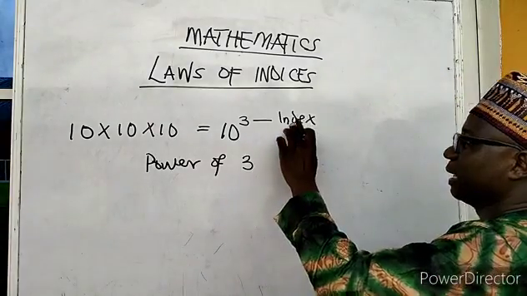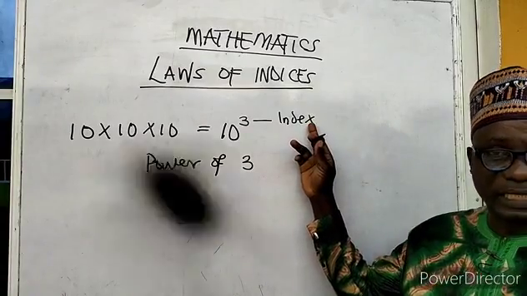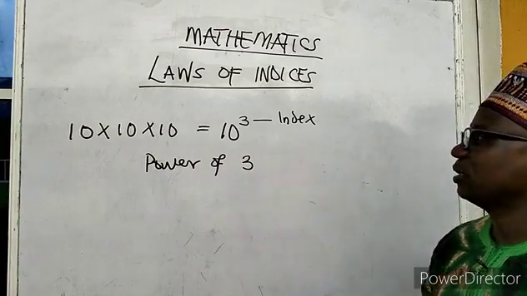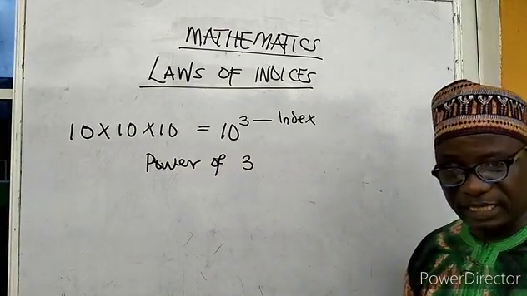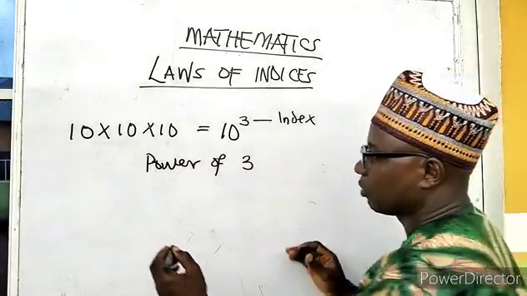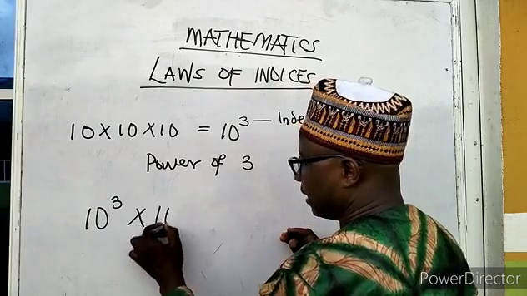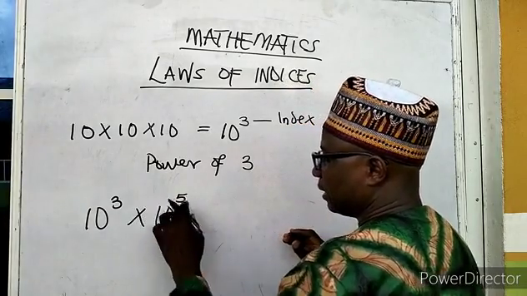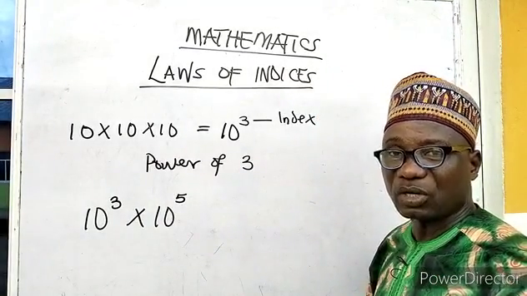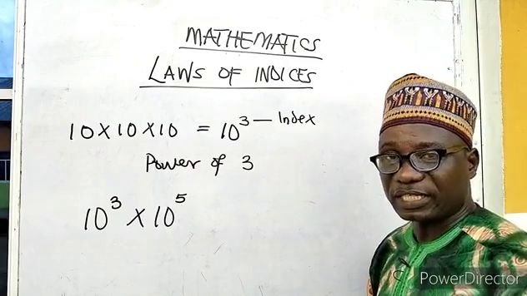But in mathematical terms, this is an index. Now, when you have many of these, you will not call it an index again. You now say indices. That is the plural. For example, 10 raised to the power of 3 times 10 raised to the power of 5. This is indices, because the plural of index is called indices.